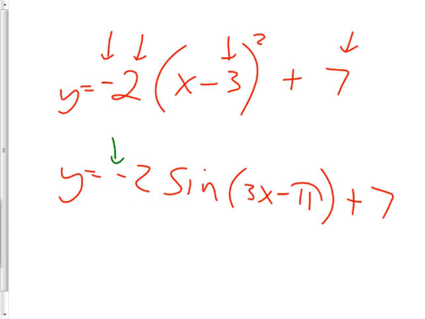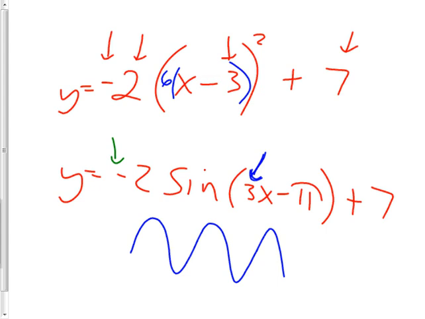Okay? And this part right here has to do with the period, which, remember how before, if I had a number like here, there was like a 6 here, it would mean that the whole thing got not 6 times wider, but 6 times narrower. This affects the frequency. It makes your graph that was like this be more like this. Okay, that number does that.